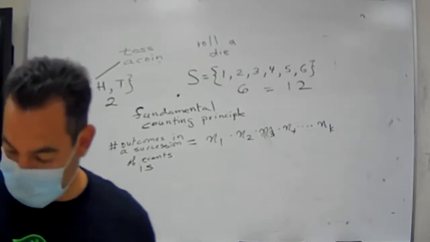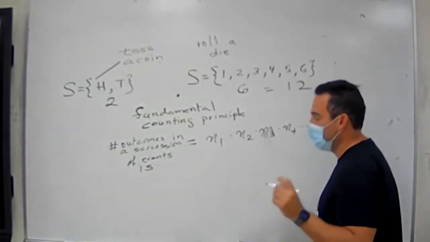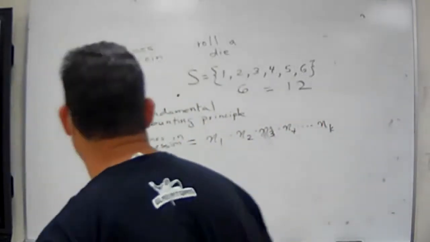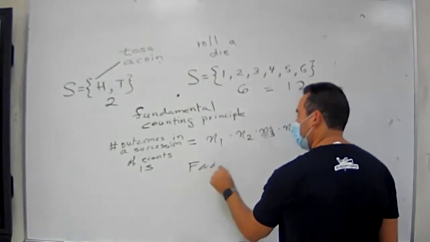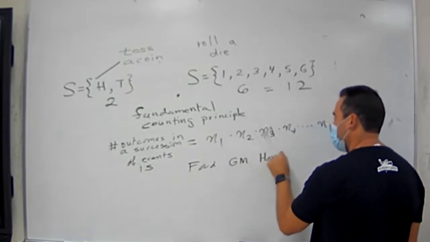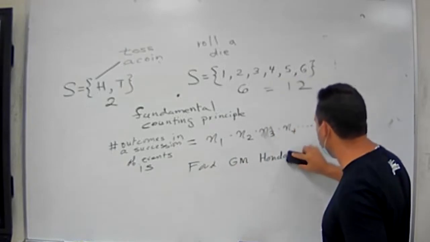Okay, may I continue? Okay, so let's work with the fundamental counting principle first. You're going to buy a car. You can pick a Ford, a GM, or a Hyundai.